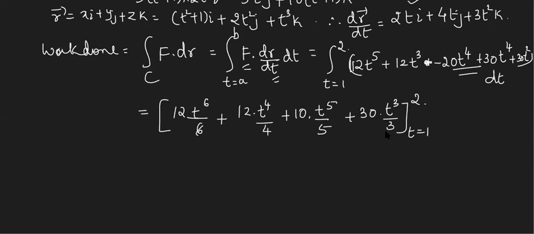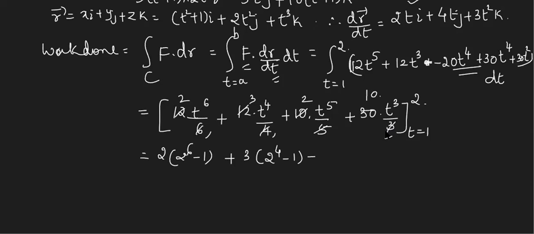Simplify it. 6 1s are 6, 2s are 4, 1s are 4, 3s are 5, 1s are 5, 2s are 3, 1s are 3, 10s are. Yeah, simplify like this: 2 into bracket 2 raised to 6 minus 1, is 1. 3 into bracket 2 raised to 4 minus 1, 2 into bracket 2 raised to 5 minus 1, plus 10 into bracket 2 raised to 3 minus 1.